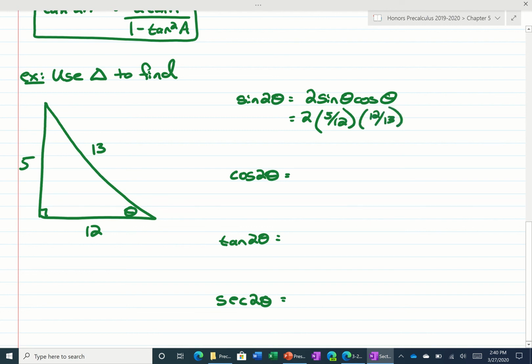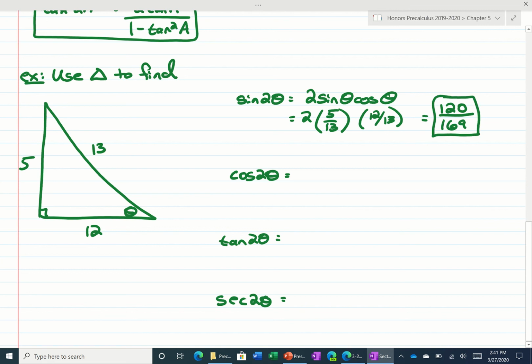Actually, I misspoke. The sine of this triangle would be 5 over 13, and the cosine would be 12 over 13. So if we multiply all those together, we would get 120 over 169.